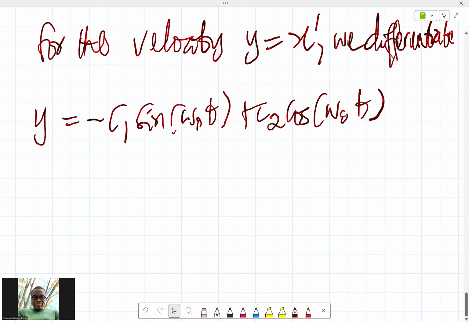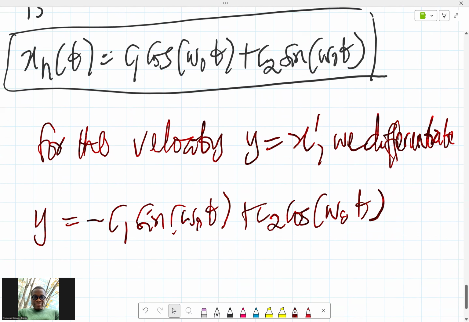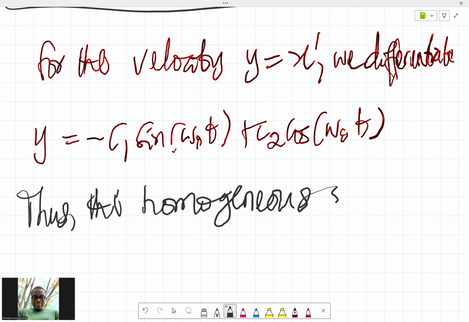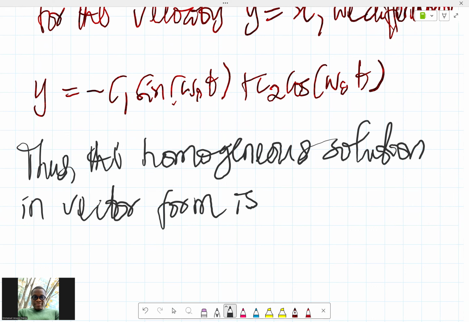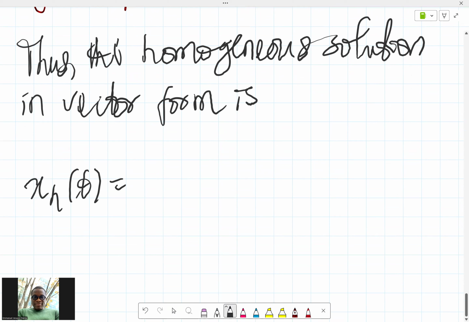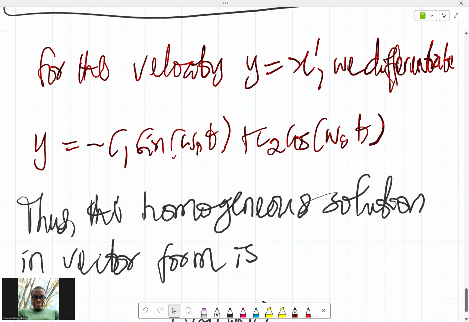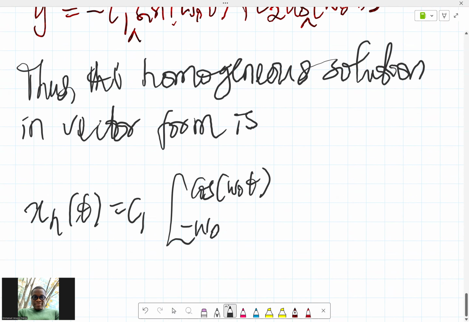In that case, in vector form, we can have the homogeneous solution xh of t equals c1 multiplied by cos omega naught t, then minus omega naught sine omega naught t for this first part.